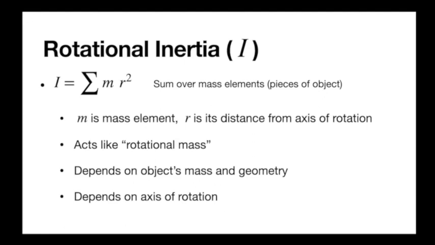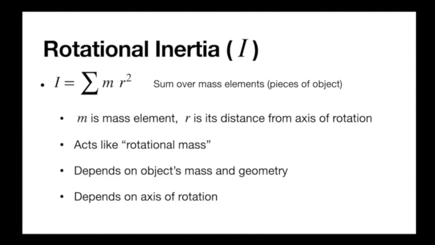So at the base level, you add up the mr squared for each element. The sum is just saying mr squared of this piece plus mr squared of that piece plus mr squared of this piece. The m means the mass of that one mass element, and r is the distance from the axis of rotation. So from wherever it's rotating around, how far away it is from there.